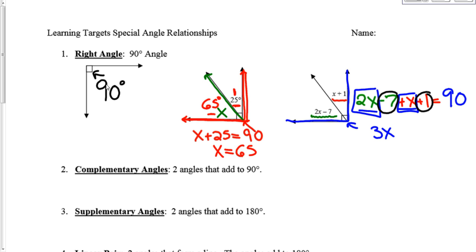If I have negative 7, and I'm adding 1 to it, that brings me to negative 6. Okay, now I can continue solving this equation. I'm going to go ahead and add 6 to both sides. I get 3x is equal to 6. And then my last step.